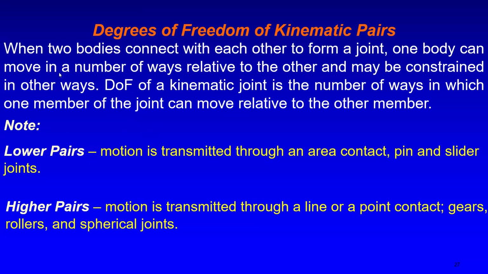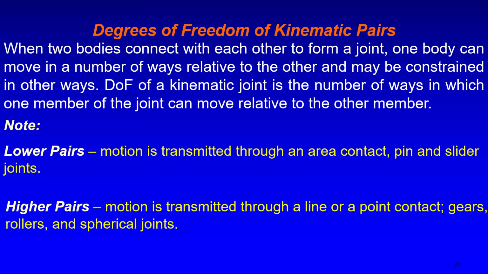So note, for lower pairs, motion is transmitted through an area contact. Remember the lower pairs? I showed you the lower pairs and also the higher pairs, where I showed you the cam and follower, and the gears. So for lower pairs, motion is transmitted through an area contact: pin and slider joints.